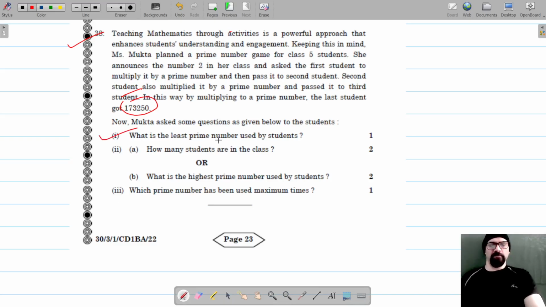Now Mukta asks some questions. What is the least prime number used by the students? So let's get the prime factorization of 173250. That will give us the prime numbers used.